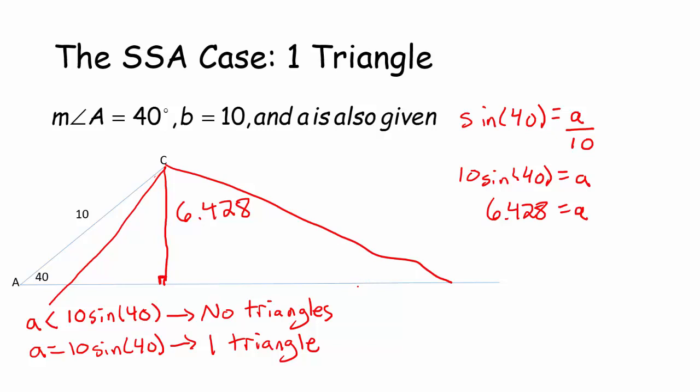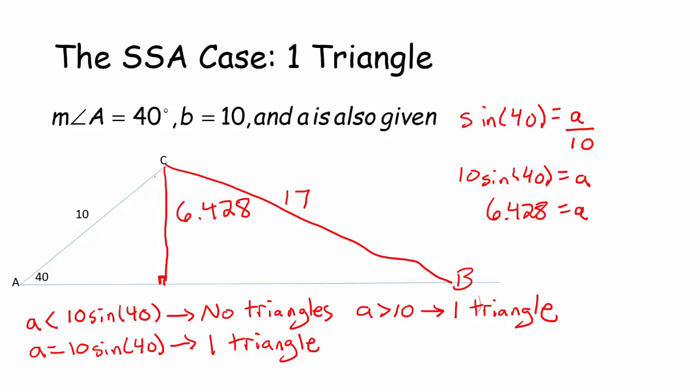So basically, if A is bigger than 10, we're also going to get one triangle. And our triangle would look like the triangle that I've drawn here. So if angle B was way down here, and side A was given to be something really big, like 17 units, we would wind up with this really big, potentially obtuse triangle.